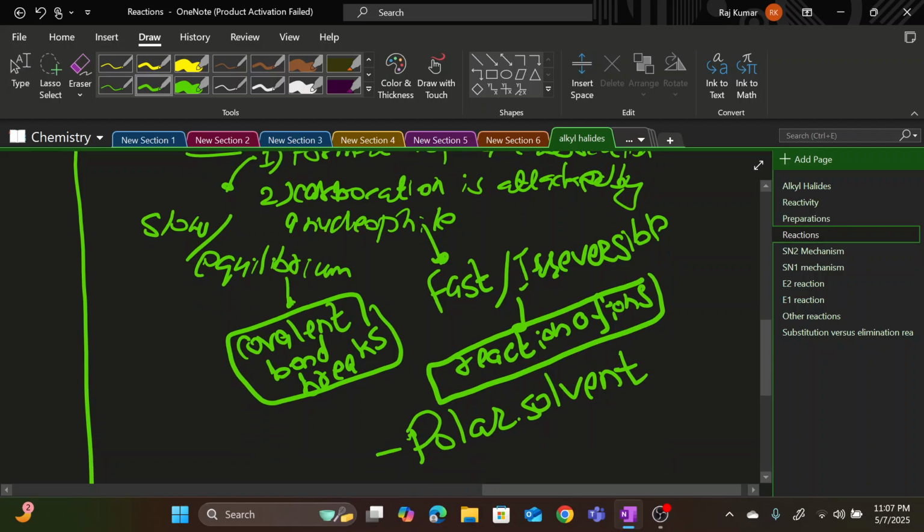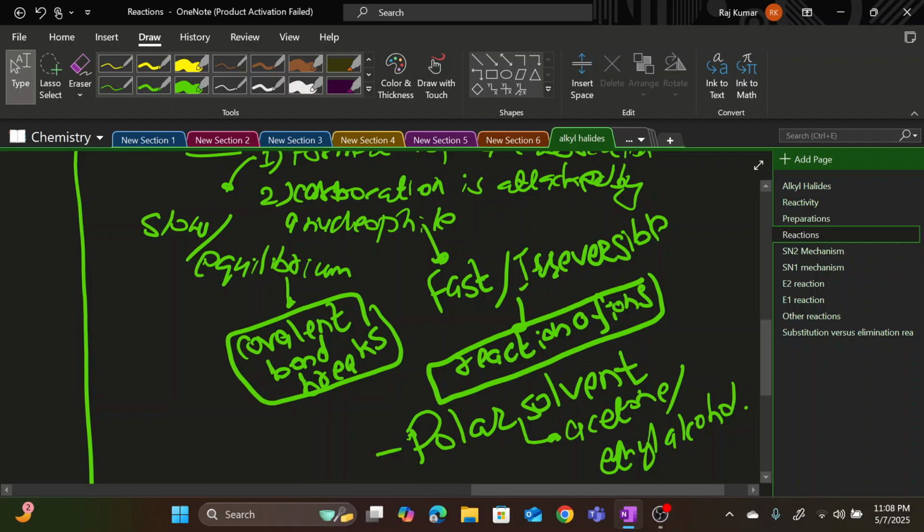Now, the polar solvent which you are going to utilize in an SN1 mechanism should not be water. Because of course we cannot dissolve an organic compound in water, but that should be an organic polar solvent. It can be acetone, it can be ethyl alcohol, organic polar solvents. These are the solvents in which it is dissolved.